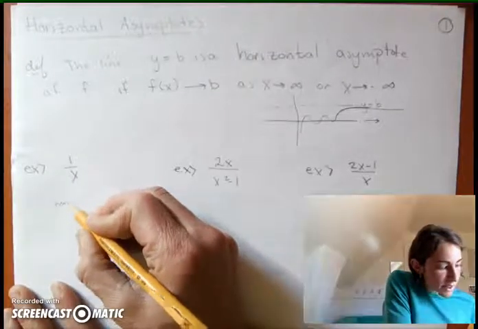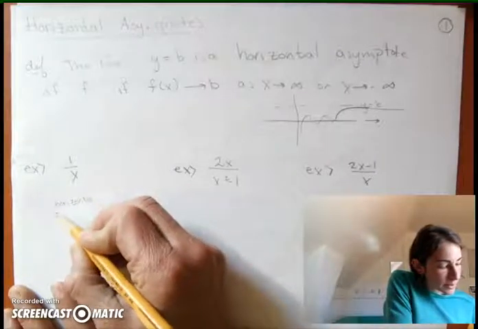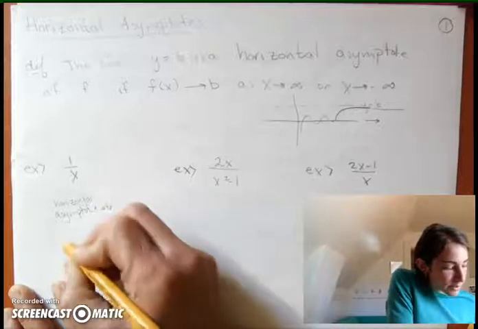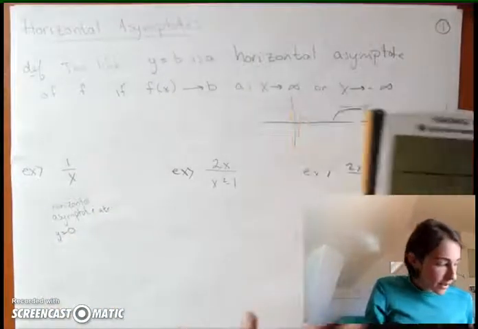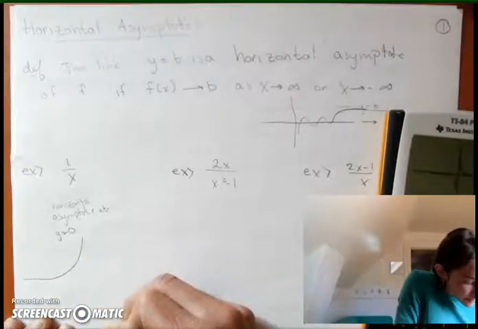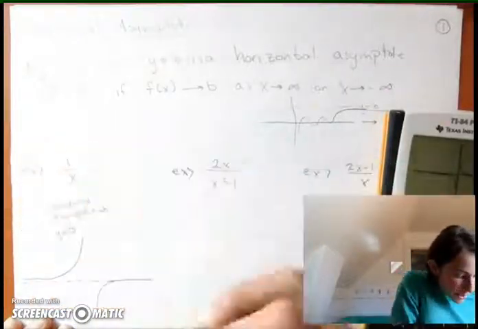So the horizontal asymptote is at y equals 0. And again, that's just because the graph looks like this. And here's the line, y equals 0.